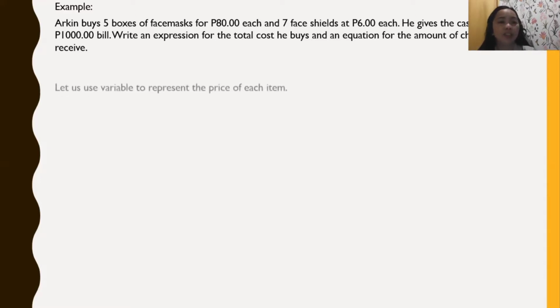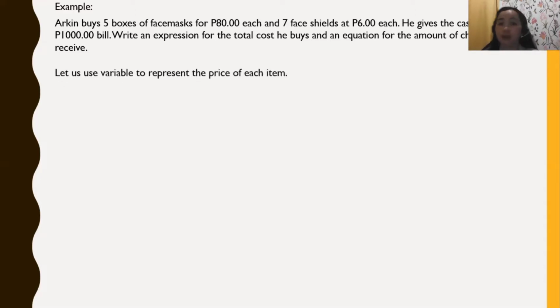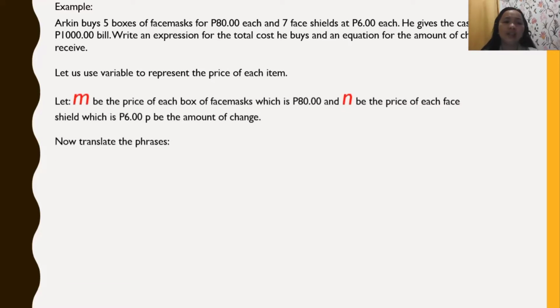Now let us use a variable to represent the price of each item. Again, let's review what is a variable. A variable is any letter from the alphabet that can represent a value. Now, let M be the price of each box of face mask, which is 80 pesos.